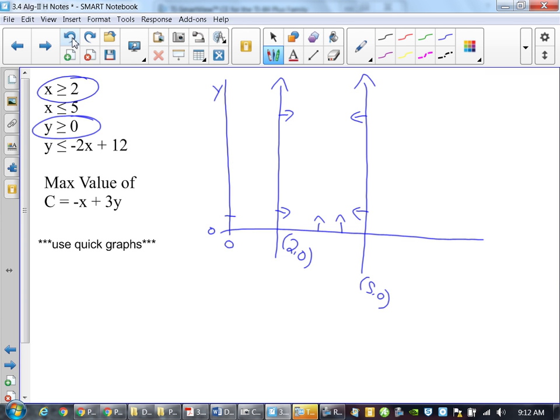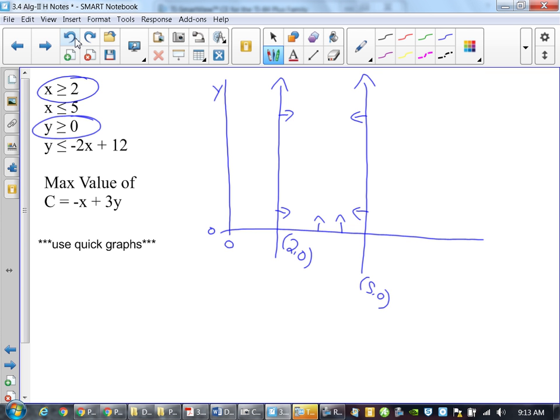But then why does it have to be above the x? Remember when you have your ordered pair, your x values are here, your y values are here. Here's 1, 2, 3, 4, negative 1, negative 2, negative 3, negative 4.